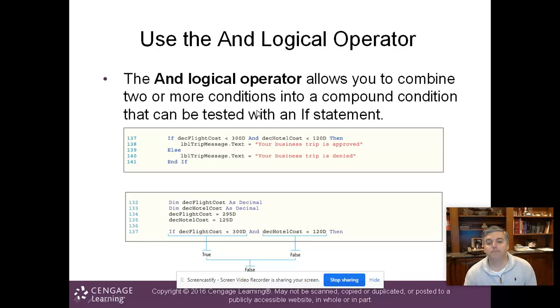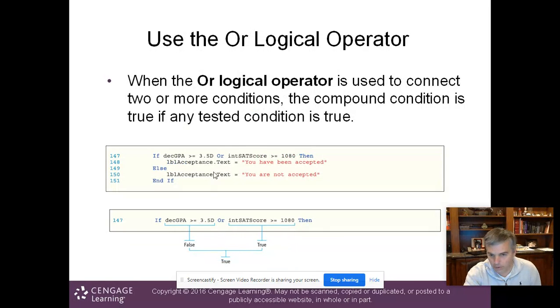The OR is kind of just the opposite. The OR logical operator is used to connect two or more conditions. The compound condition is true if any tested condition is true. In this example, if the GPA is greater than 3.5 or SAT score is greater than 1080, then we're accepting the student, otherwise not accepting the student.